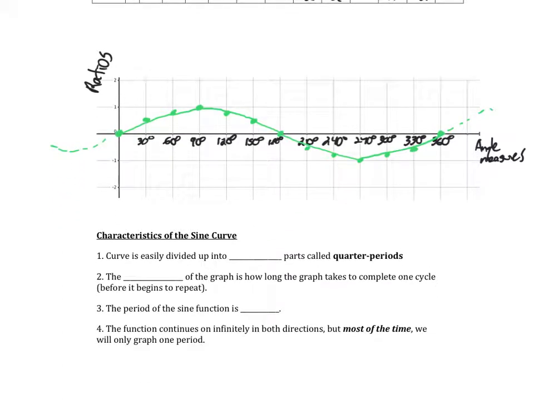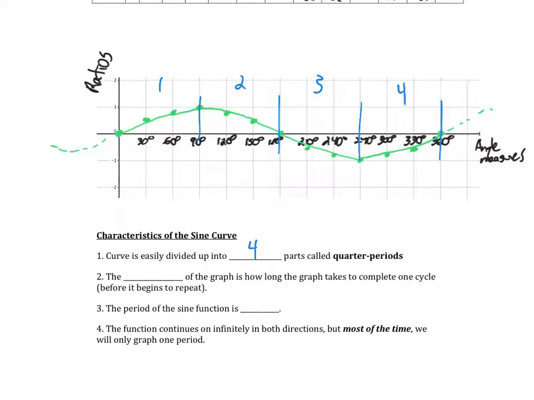So I do want to point out a couple of things here. Characteristics of the sine curve. The curve is easily divided up into four parts called quarter periods. Notice I divided the graph up into 4 pieces.